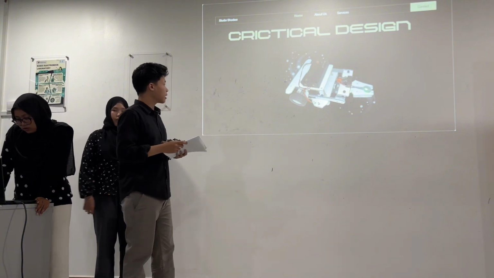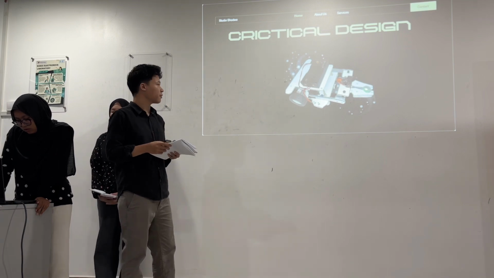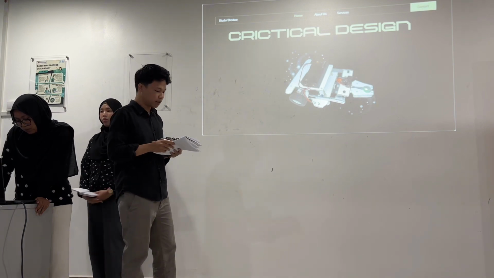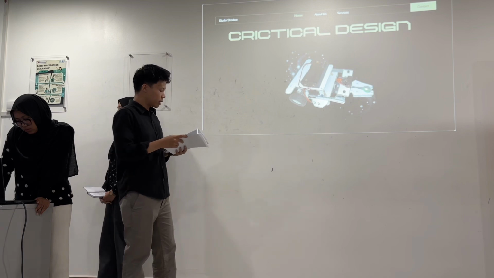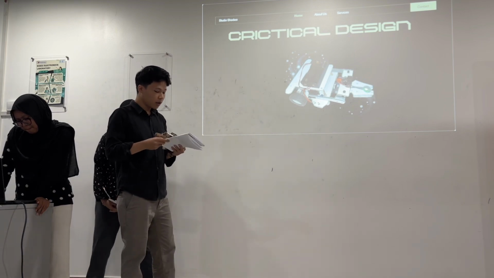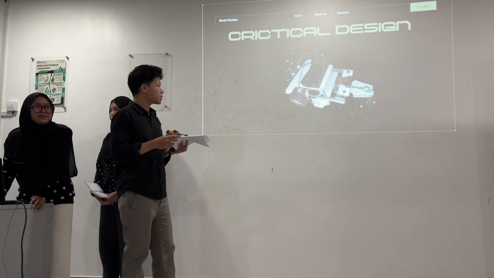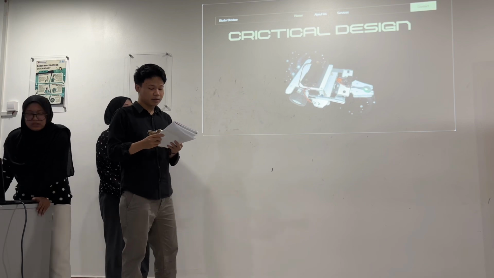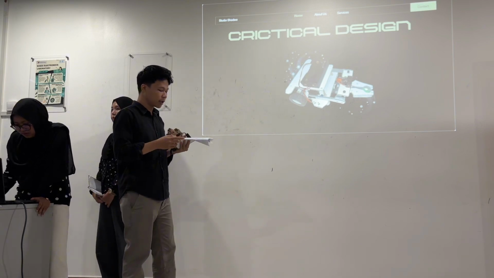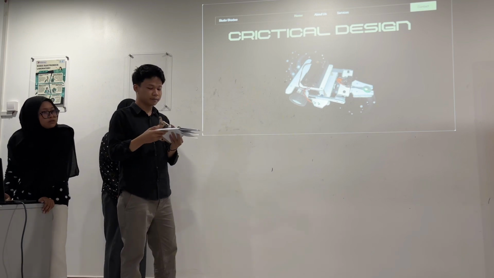So at this critical design stage, we changed the design based on these suggestions: the battery was placed on the top second floor, and the gripper, which was previously only 75 degrees, was changed so that it could reach 105 degrees.